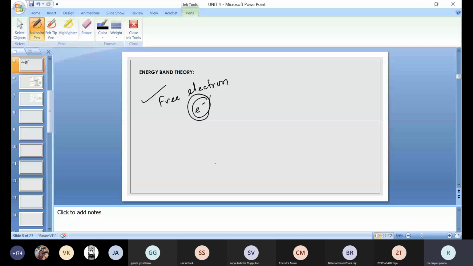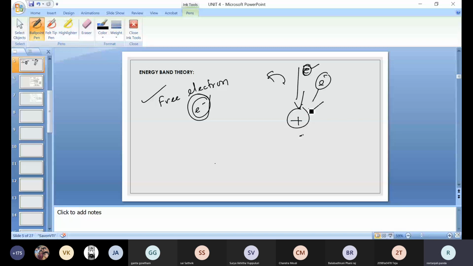So we have this nucleus now. This nucleus is attracting its electrons towards it, right? Now this electron is out of the atomic structure. It is a part of the atom, but it is outside the structure. It is not bound to the proton or the nucleus present at the center.